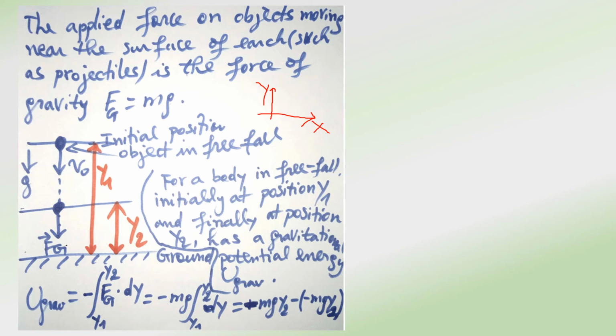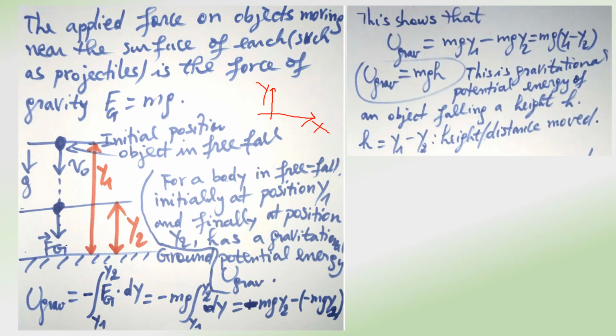Then, minus the integral from y1 to y2, because the body leaves a height y1 and reaches a height y2. The force acting on a body in free fall is only the force of gravity Fg, which is equal to the mass times the acceleration due to gravity. Then we integrate dy from y1 to y2, which gives minus mgy2 minus mgy1. Minus times minus gives positive.